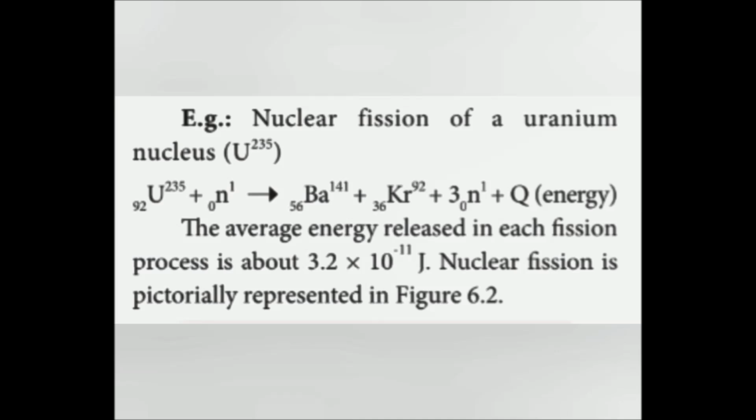See here, uranium-235 is bombarded with one neutron. The heavy nucleus of uranium-235 splits into barium-141 and krypton-92 with the emission of some neutrons and energy. This is the best example of a nuclear fission reaction.